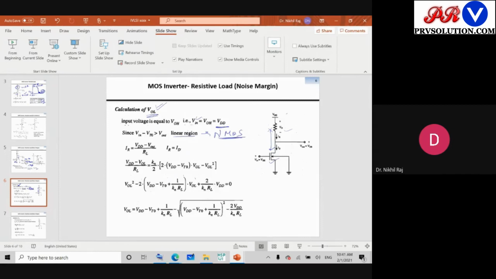So when NMOS is in the linear region, I will use the linear equation. Also we know the property that IR is equal to ID, because this direct path will be there. There will be no current in this direction.